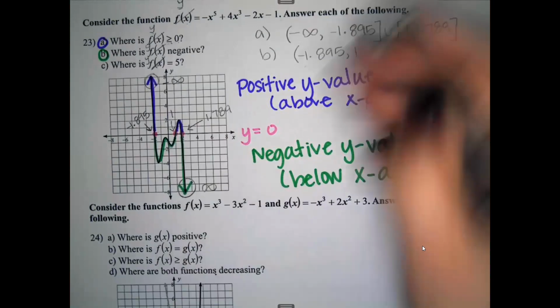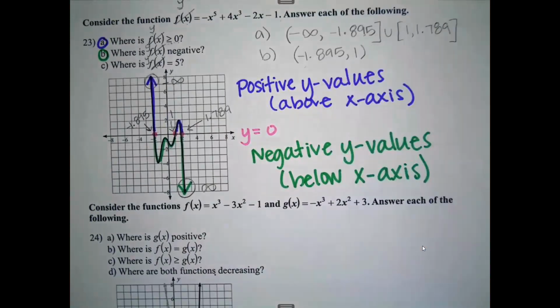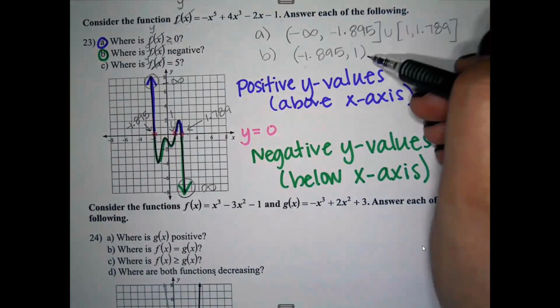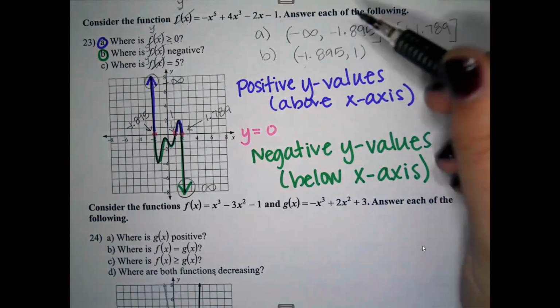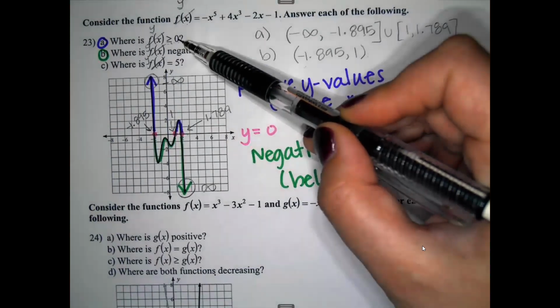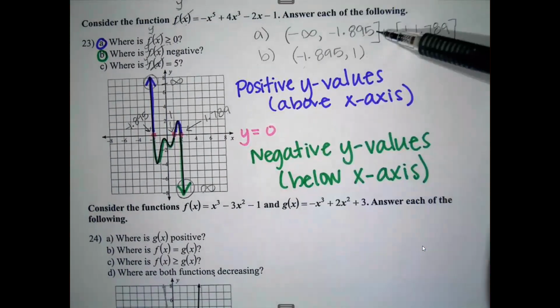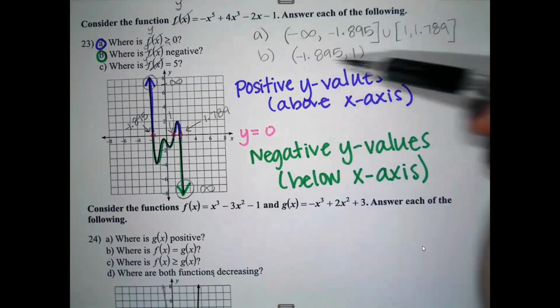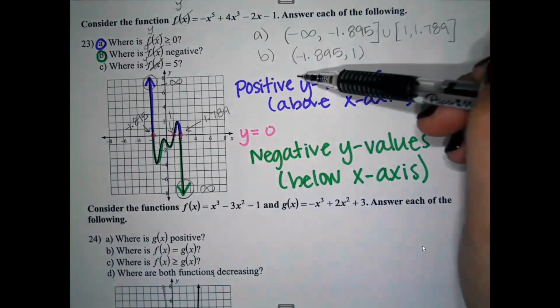No. Parenthesis. See the difference between the brackets before and the parentheses now? Before we had 0 as the answer that y could be, so we put brackets. Now we have only negatives as the answer that y could be, so we're putting parentheses.